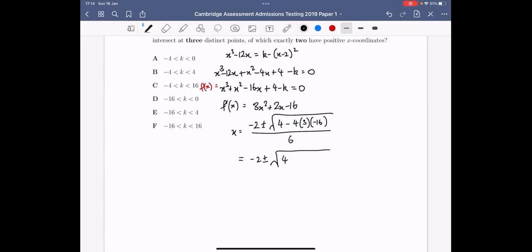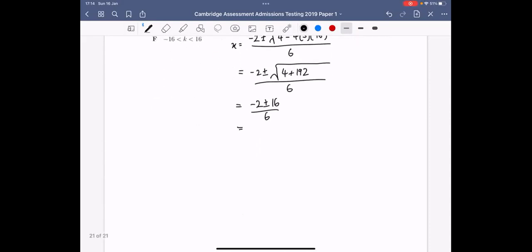48 times 4 is 192. 4 plus 192 is 196, the square root of that is 14, over 6.